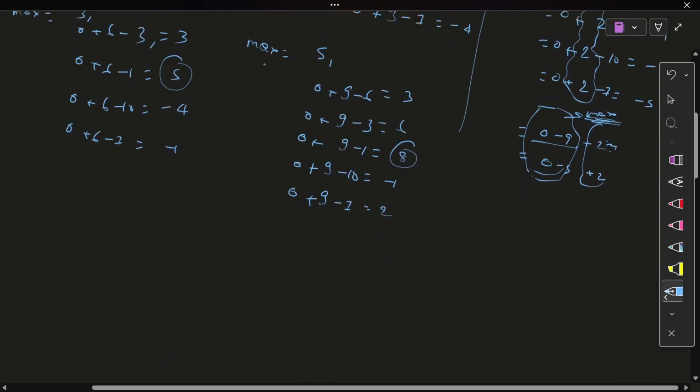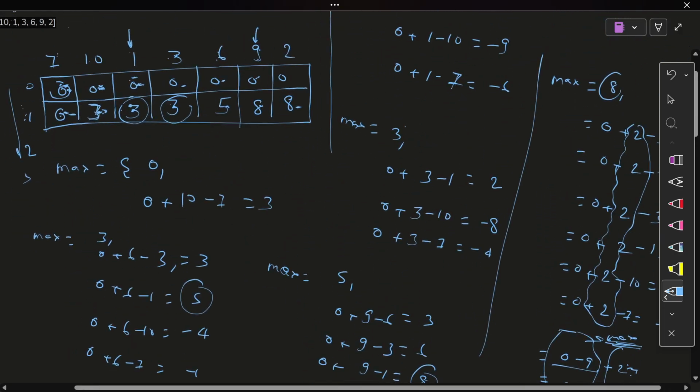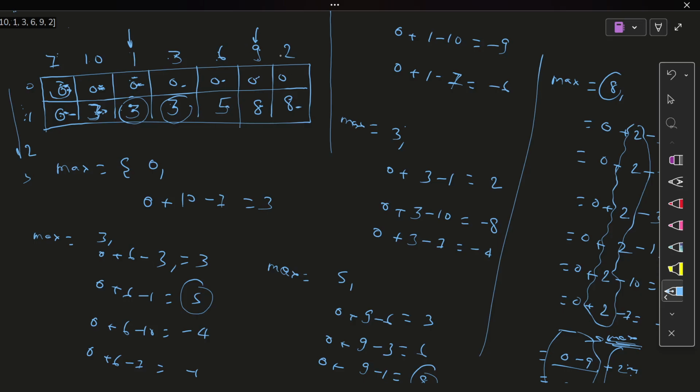So first here 0 minus 10, 0 minus 1, 0 minus 3, 0 minus 6, 0 minus 9, 0 minus 2 we have to find and update the maximum. And here what will be the value? Here we are finding this one, this, and this one.